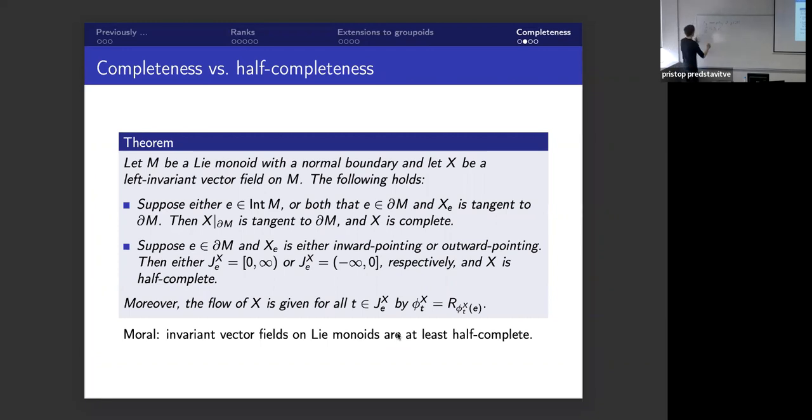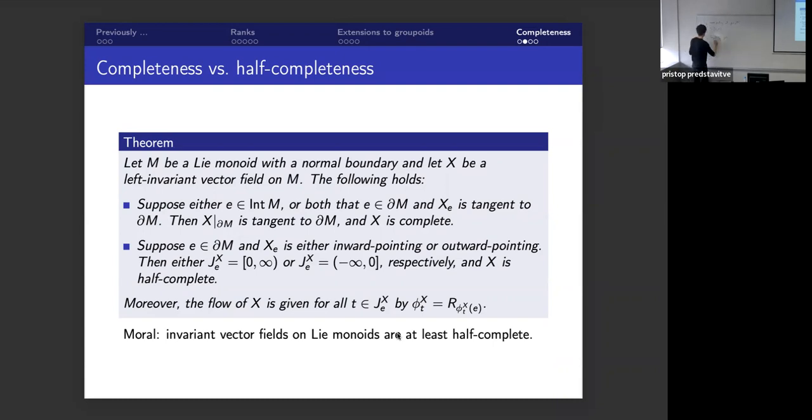Okay, and on the other hand, if we have, for example, X_E tangent to the boundary, well, because of the assumption of the normal boundary, we can translate it along the boundary, and it's going to be everywhere tangent to the boundary, right? Because the boundary itself is a submonoid.